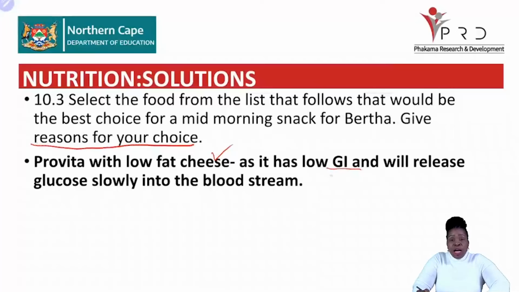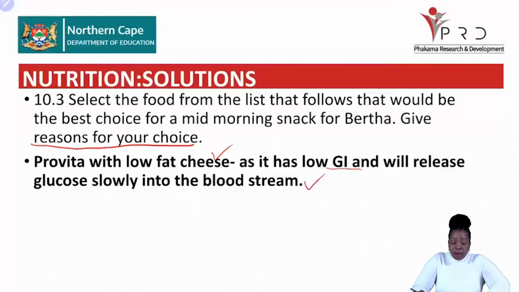So low GI means it has a low glycemic index. That is a measure of how quickly or how slowly food releases glucose into the bloodstream.